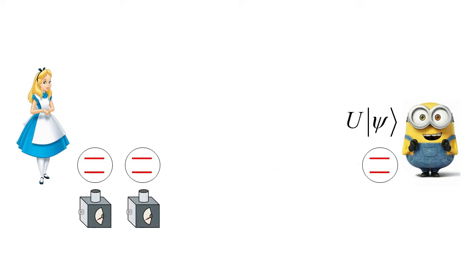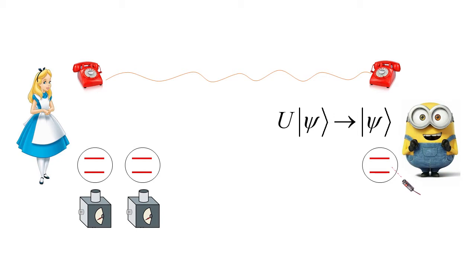And then at this point, Bob has a version of the state which is already a little bit similar to the state that is required to be teleported. Then Alice calls up Bob, gives some classical information. Then Bob does a particular unitary process to convert the state into the desired state.